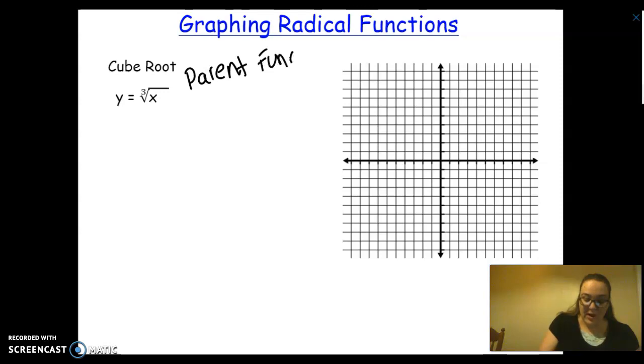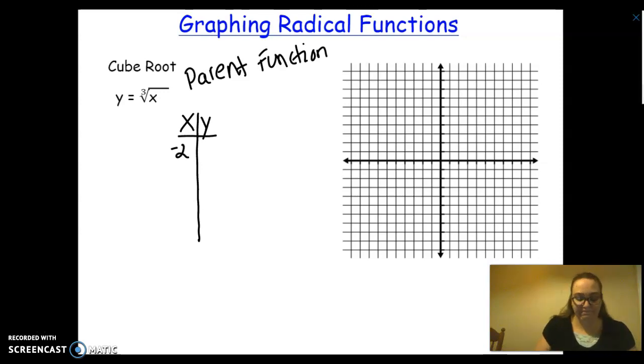And if we try to graph this the way we normally would graph, like a lot of our graphs from the very first unit we did in Algebra 2, we made our table. And if I wanted to say, hey, let's use -2 for x. But when I go to put this in here, y equals the cube root of -2.